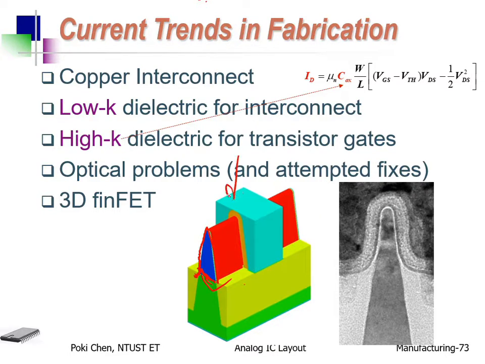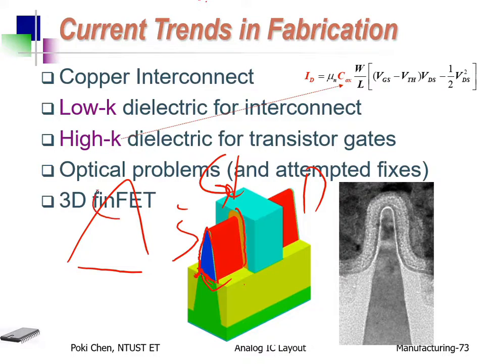Sorry, this is the gate, and this is the source and drain. So the width will become such a reverse V shape. It is much better than the two-dimensional one, right? That is the logical thinking.